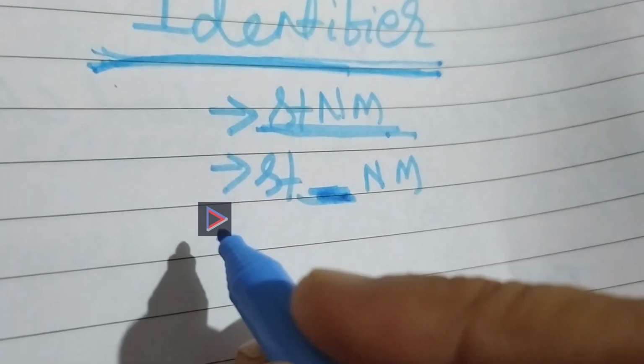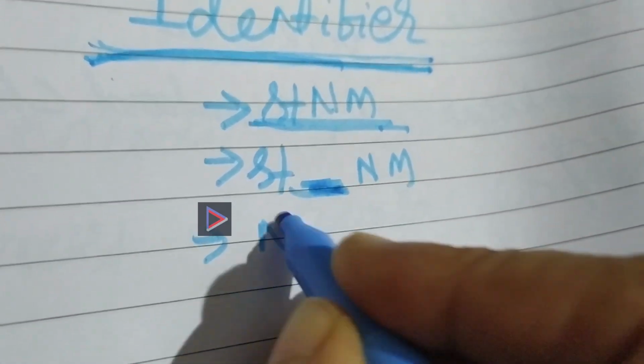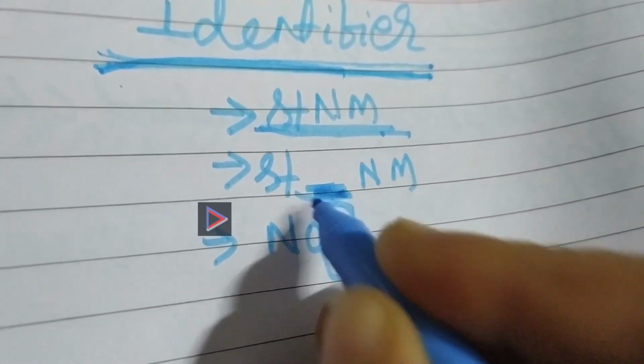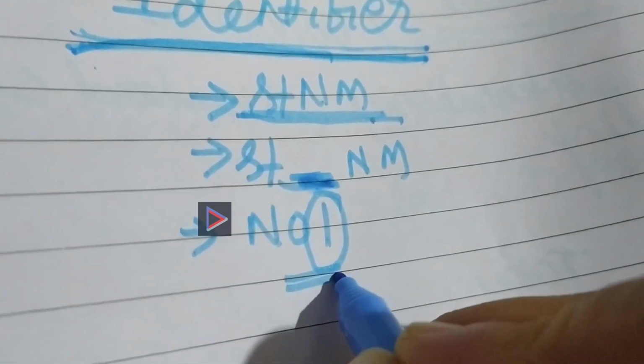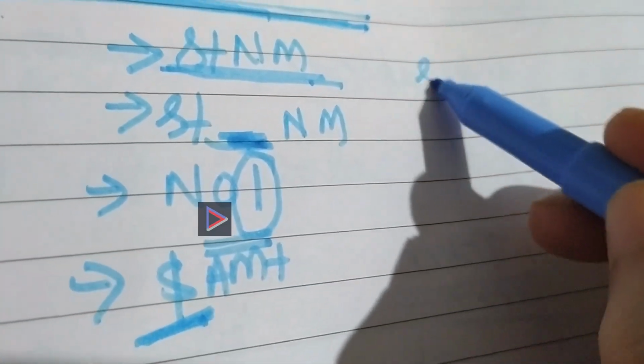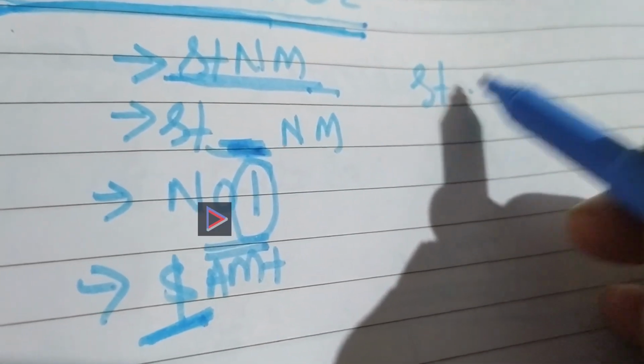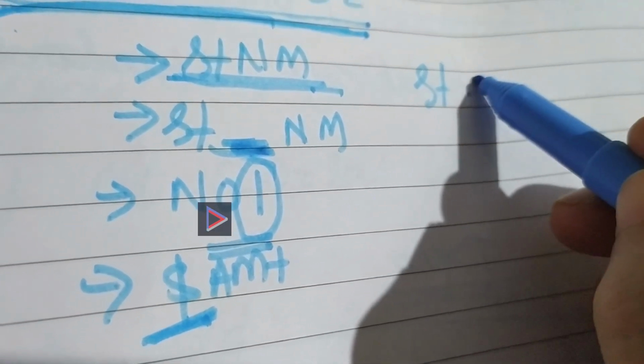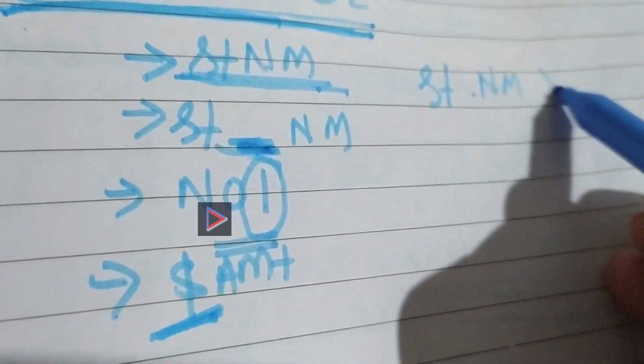Then I can write it as number1, so a digit I can add here, that is also allowed. Dollar amount I can write. This is the special symbol I can use, but I cannot give a space between the two parts in a variable. If I write st space nm, this is wrong.